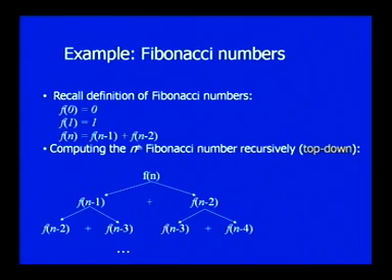If you try to solve this problem in a top down manner, the conventional algorithm will start generating this sequence like this, and if you try to draw a recursive tree, the tree will look something like this.